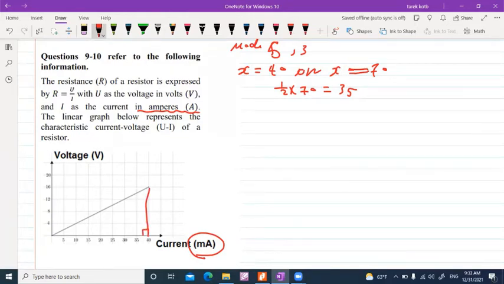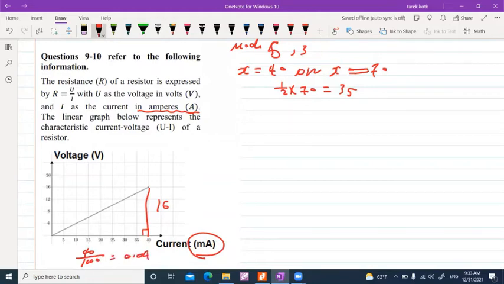Here the voltage is 16 and the current here is 40 milliampere. If you want to get it in ampere, it will be 40 divided by 1000, which is 0.04.